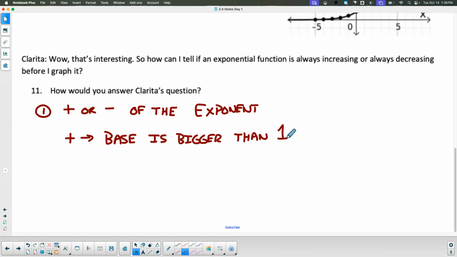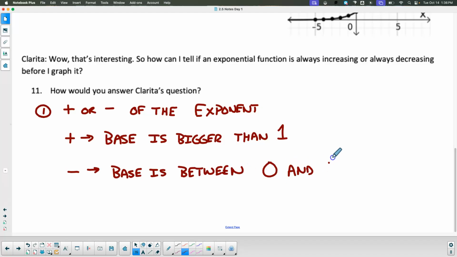If that exponent is negative, then that base has to be between 0 and 1, but not including either one of them.